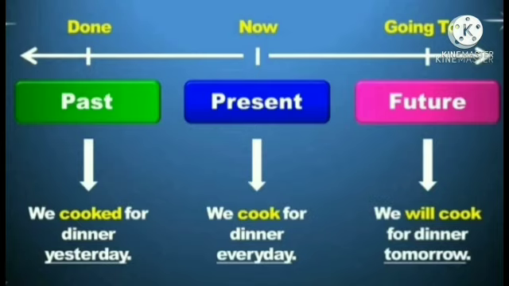So, the verb cook refers to present time and hence it is present tense. Next, we will cook for the dinner tomorrow. Here we are talking about the action that will happen in the future. Hence, will cook refers to future time and hence it is future tense.